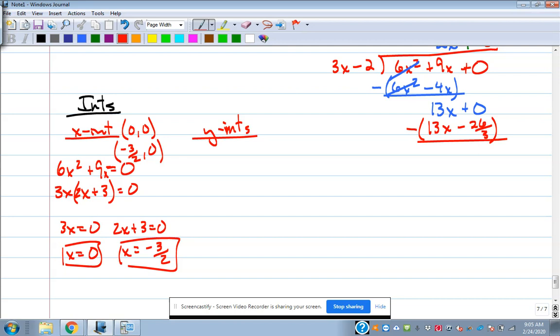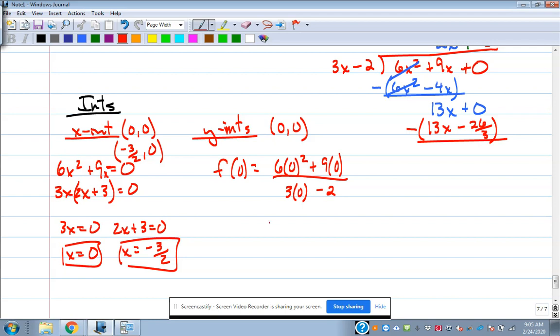What's special about (0, 0)? It's also a y-intercept, because it's the only place where the x and y intercepts are exactly the same. So go ahead and list that there. If I want to show that work, or if I encountered a problem that only asked for a y-intercept, this is how I would do it.